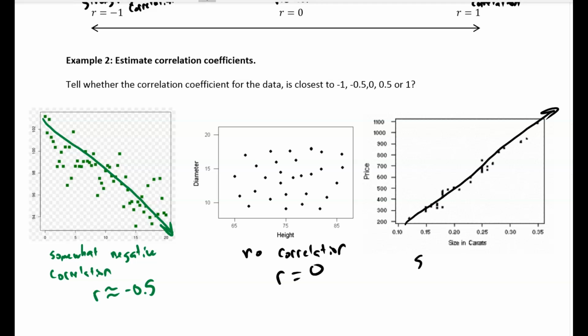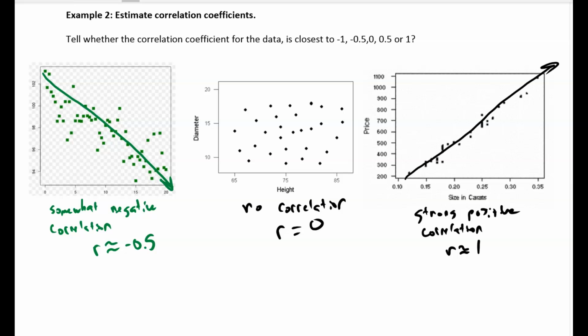So I'd say there's strong positive correlation, and your R value would probably be about 1, right? Maybe a little bit less than 1, like 0.99 or 0.95, I don't know. But approximately 1.